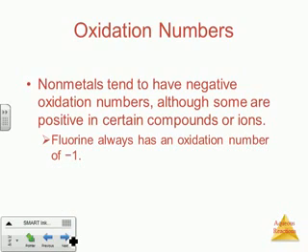Alright, next rule, fluorine always has an oxidation number of -1, and that's because it's the most electronegative on the periodic table. It's always going to take electrons away from other things. It's always going to get reduced. Gain electrons reduction, GER.